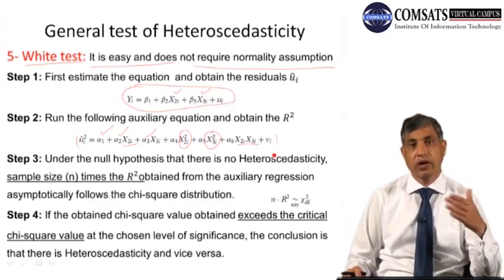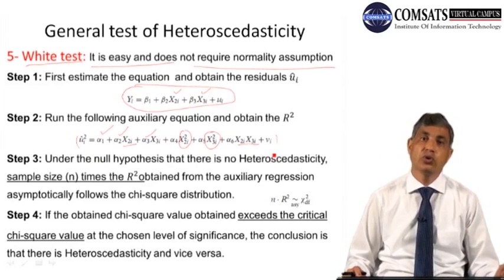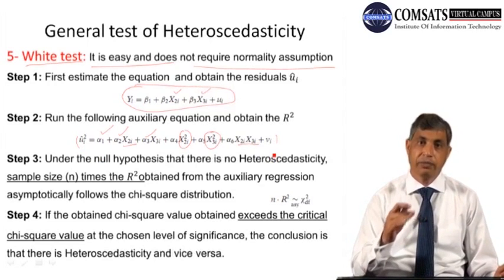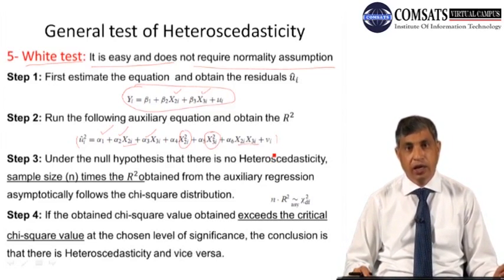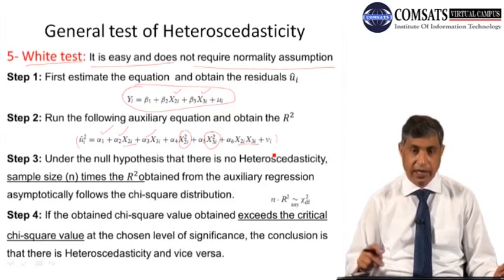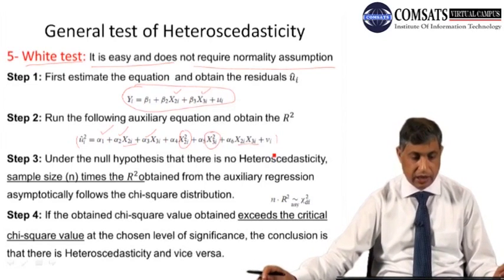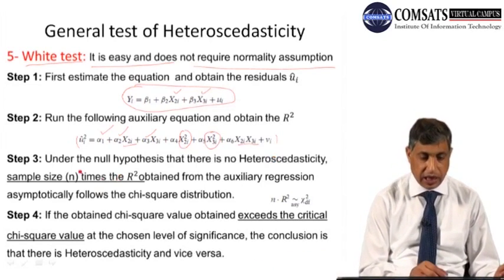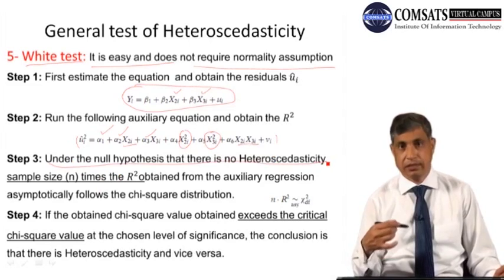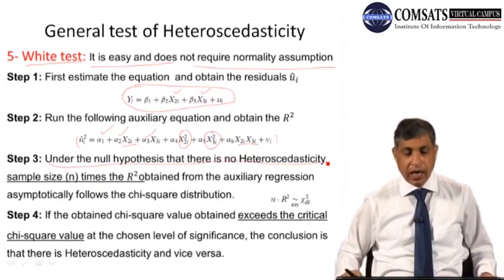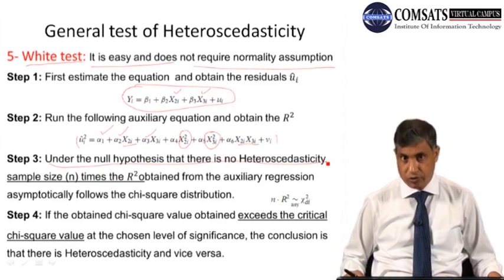In the auxiliary regression, ui hat is regressed on x1, x2, x3, x2 square, x3 square, and x2 x3, the product. Step 3 is under the null hypothesis, by assumption, that there is no heteroscedasticity.